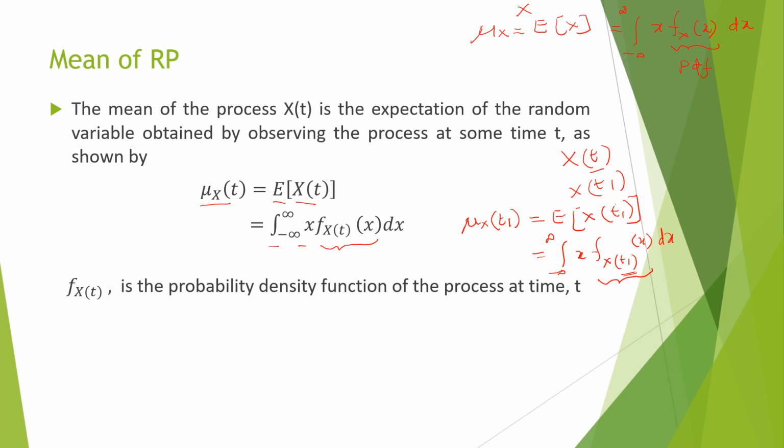So in general, the equation for the mean of random process X(t) is the expectation of X(t), given as the integral from minus infinity to infinity of x f_X(t)(x) dx.